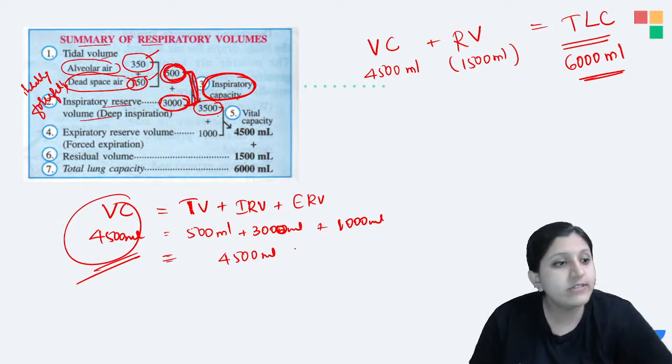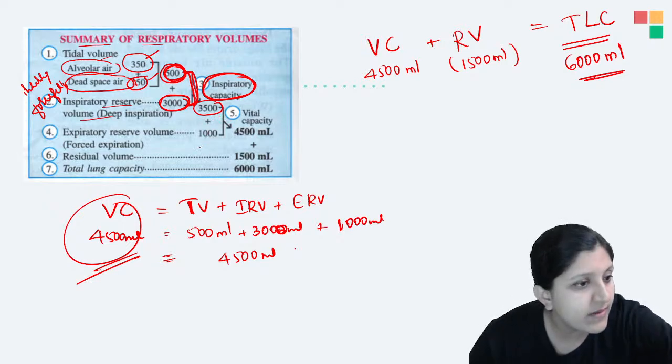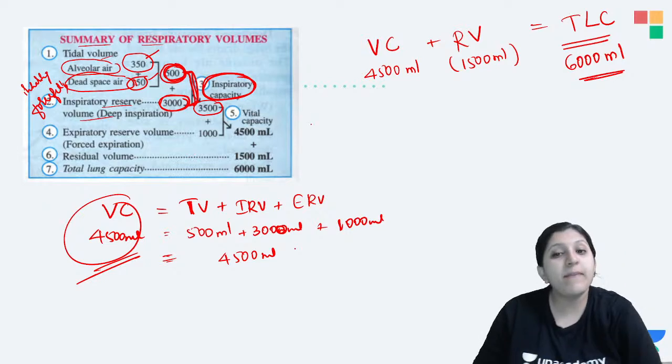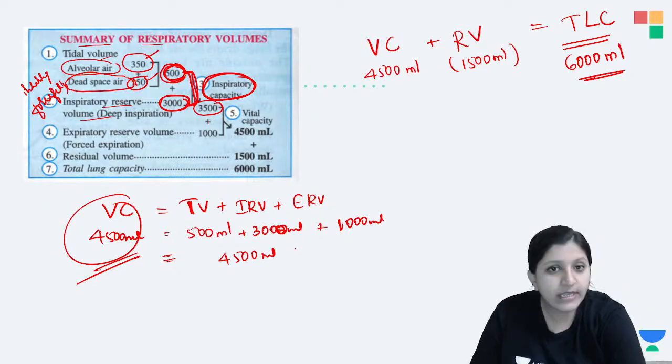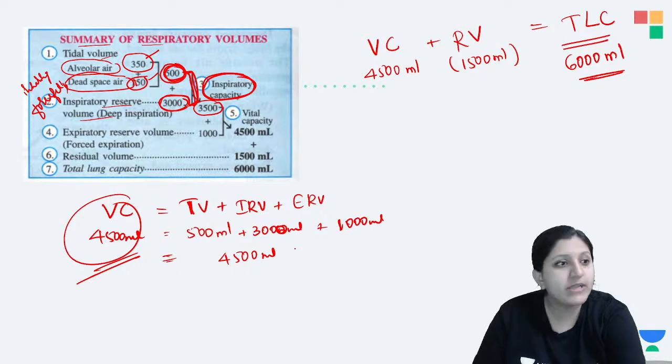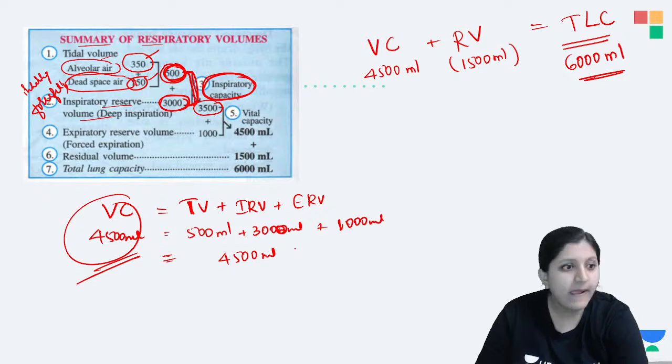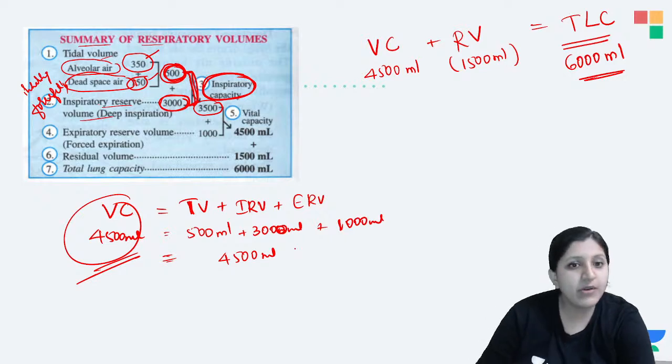Yes, inspiratory capacity gives us 500 ml plus 3000 ml, from the forceful inspiration and the tidal volume here. So this gives us the inspiratory capacity.